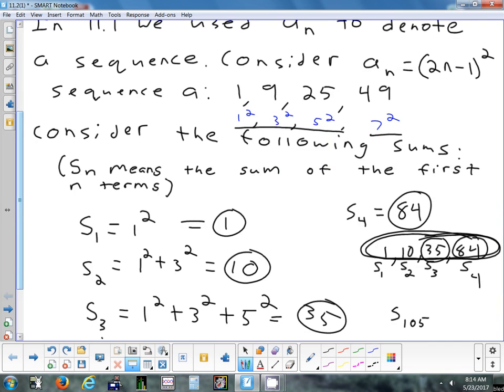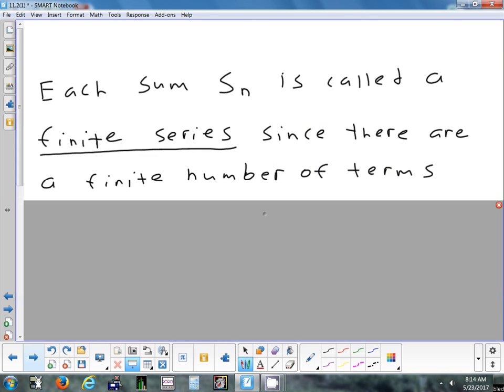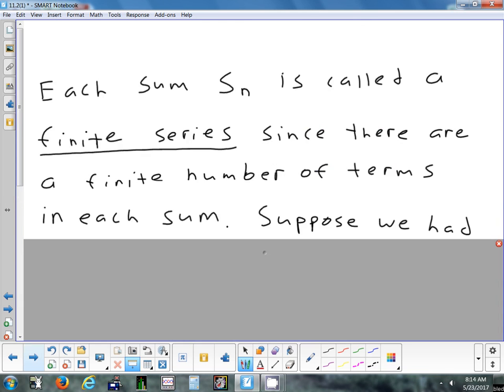We only added 3. So each sum there is finite. Even if you add up the first billion terms, that's still finite. There's a certain amount of terms that you added together to get that partial sum.